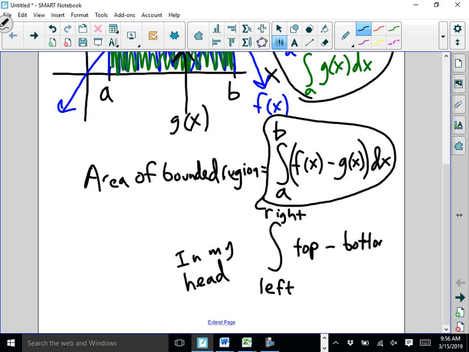That's how I always think of it. If g was my top function, it would be g of x minus f of x. If f was my top function, it'd be f of x minus g of x. But it's always the integral from left to right of top function minus bottom function.